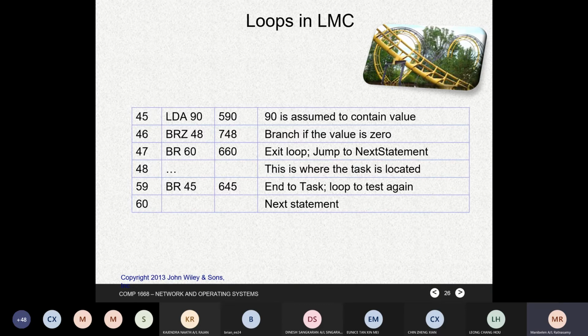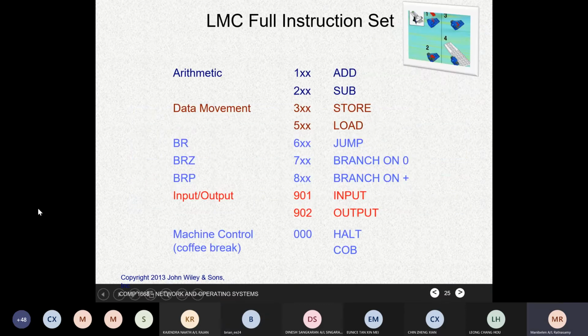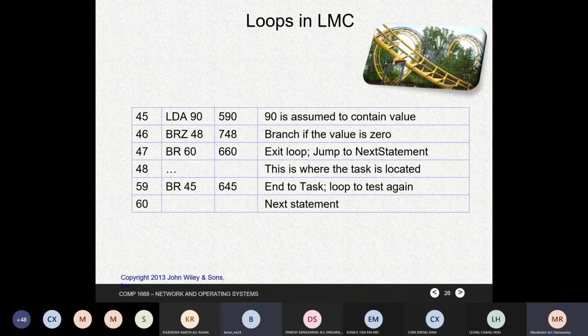In the exam, they do provide you that. They will provide only this full instruction set. Yes, they will give you the instructions. So you don't have to memorize actually. You have a choice either to use the code or the mnemonic. Thank you. Yep.